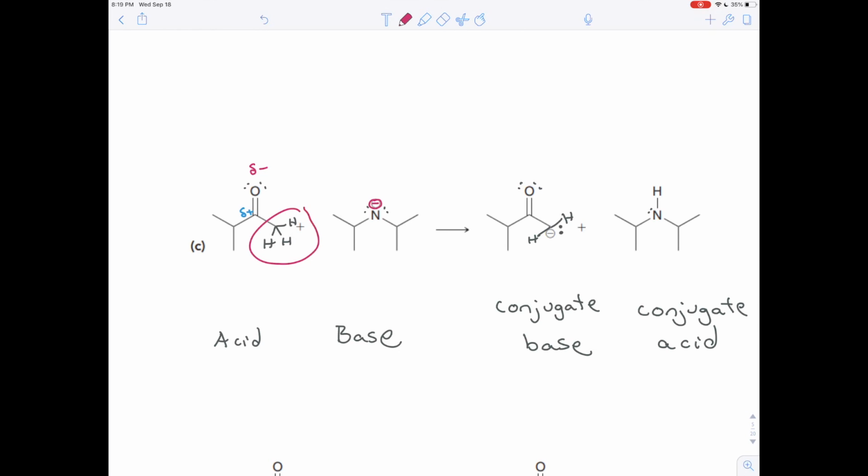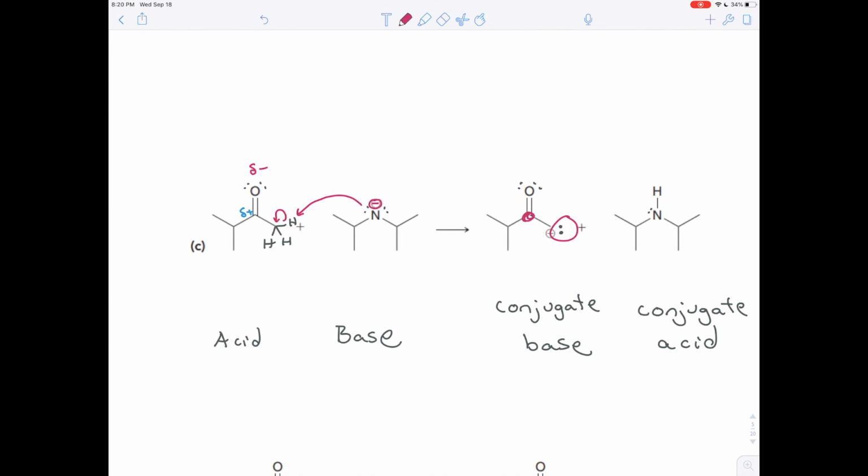And these hydrogens are vulnerable because if the nitrogen steals one of the hydrogens, the electrons in the bond can go onto that atom. And now those electrons are stable. Notice this lone pair, which is the electrons in that bond, that lone pair is allylic.